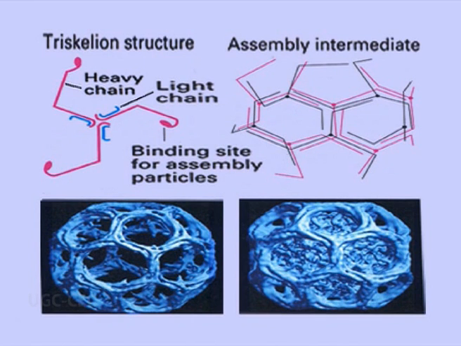A specific association between the globular domain at the end of each Clathrin heavy chain in a Triskelion and the AP complex promotes the co-assembly of the Clathrin Triskelions with AP complexes. This co-assembly adds to the stability of the completed vesicle coat.